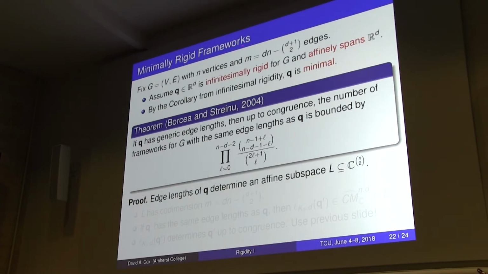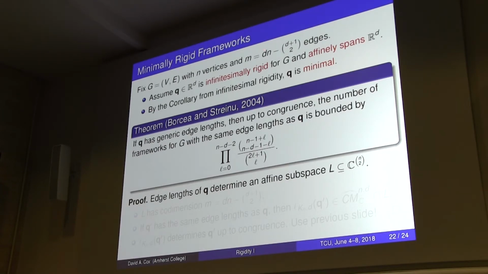And now let's apply this to some frameworks. This is a result of Borcea and Streinu in 2004. I have my graph, again with my usual notation, and vertices, and I'm going to assume that it's minimal, and so here let's assume that it has this number of edges. Notice that that's the case where these numbers are equal.